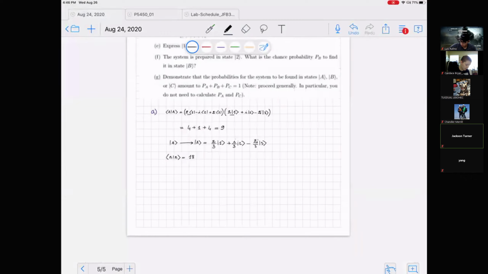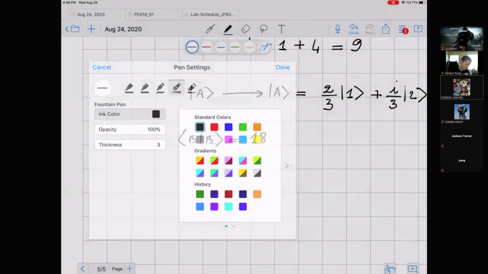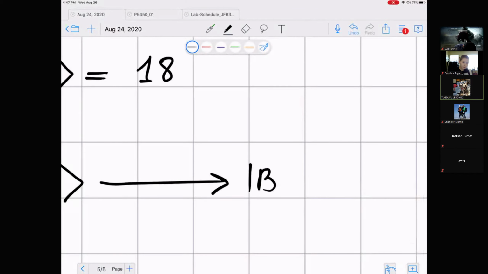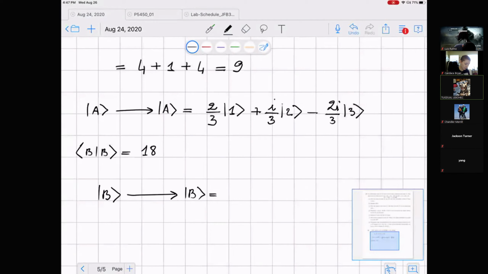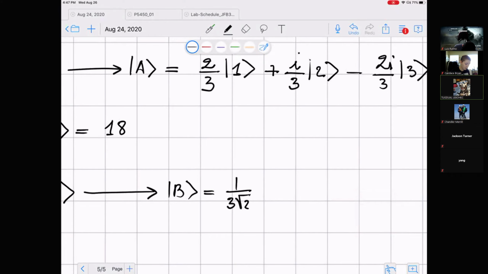Okay. So that means that if we want to have a normalized form of B, we're going to replace B by a new B that is normalized. That is 1 over square root of 18. So that's 1 over 3 square root of 2, I guess.